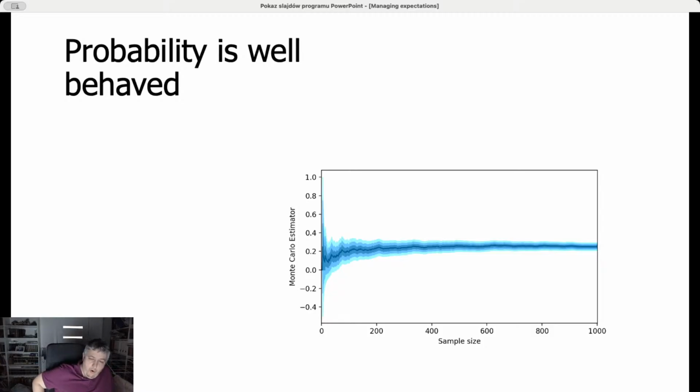There are no weird jumps because, look at it this way, we do not have a situation where we are adding this random number that can be large to our estimator. No, we are only computing the counts. We are adding ones and zeros depending on whether the sample was in the interval or not.